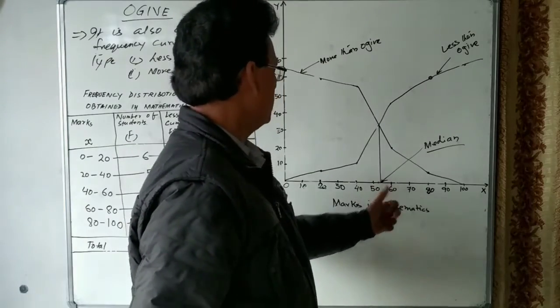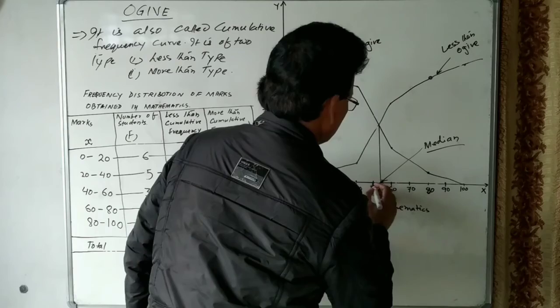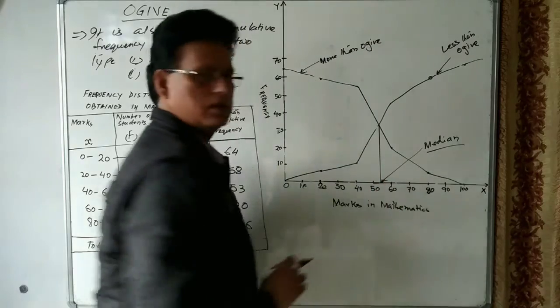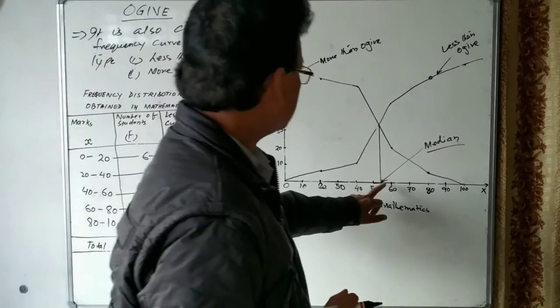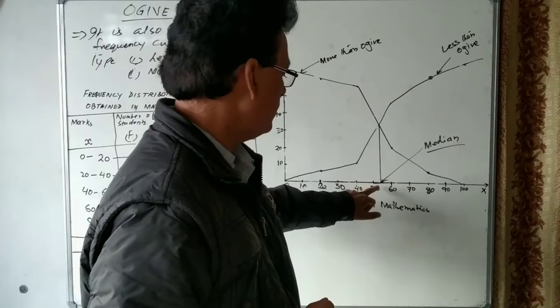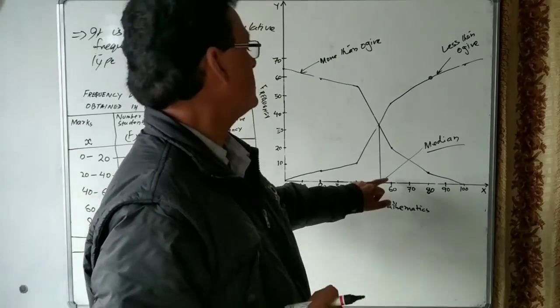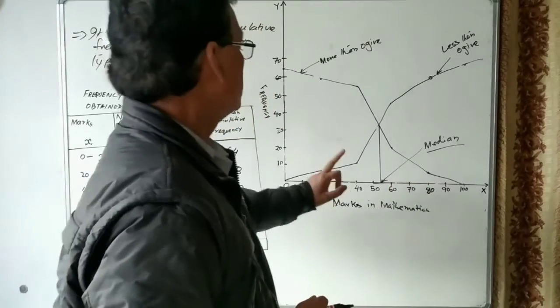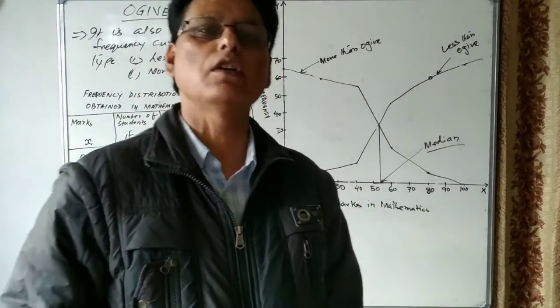This may be 53 or maybe 54. On a graph paper, the exact location will come. From this intersection, we'll drop one line on the x-axis, and this will give us the value of median. So this is also a graphical representation of median.